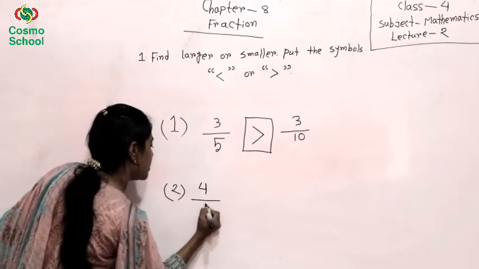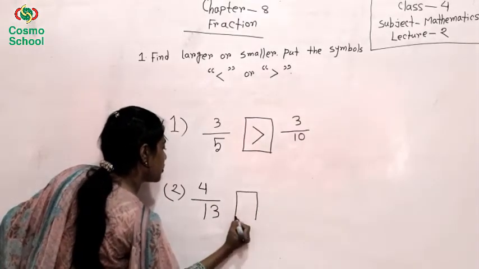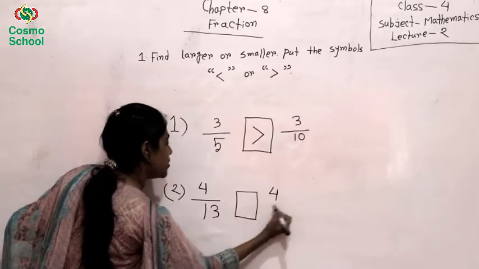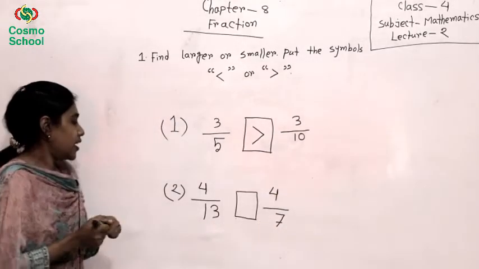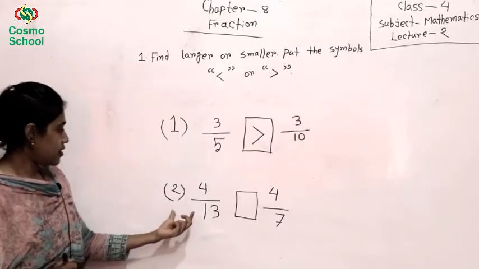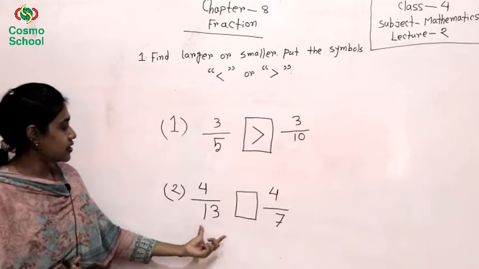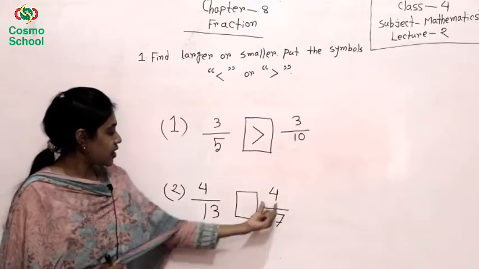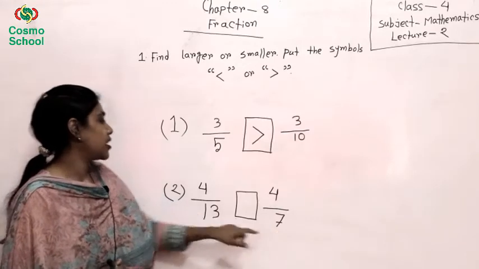Math number 2. 4 divided by 13 and 4 divided by 7. In the first fraction, the numerator is 4 and the denominator is 13. In the second fraction, the numerator is 4 and the denominator is 7.